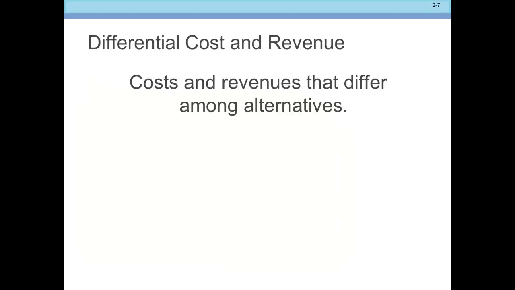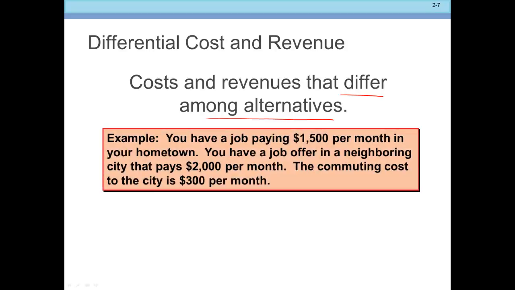Differential costs and revenues differ among alternatives that we want to make a decision about. Differential costs can be either fixed or variable. If you have a job paying $1,500 per month in your hometown, and you have a job offer in a neighboring city that pays $2,000 per month, and the commuting cost to the neighboring city is $300 per month, what would our differential revenue and cost be?